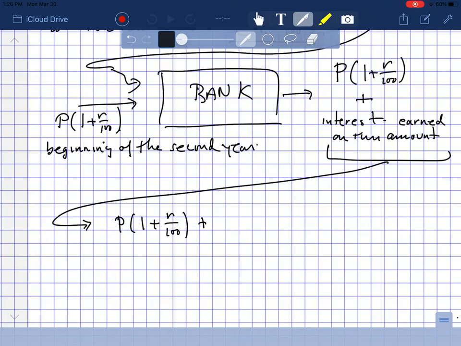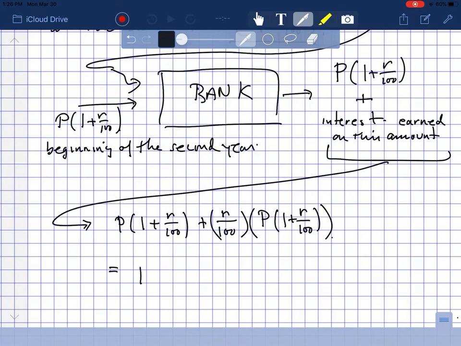So the interest earned on this investment, it's going to be R divided by 100. So that's our interest rate. I want to remind you, I'm converting R from percent to a decimal, times P times 1 plus R divided by 100, okay?